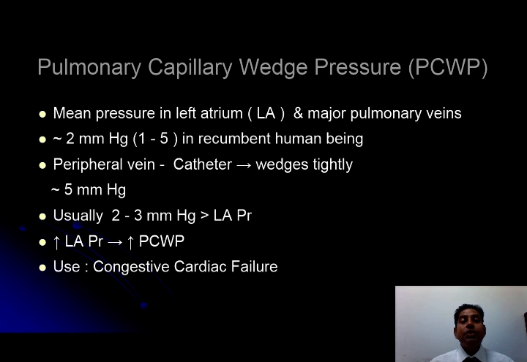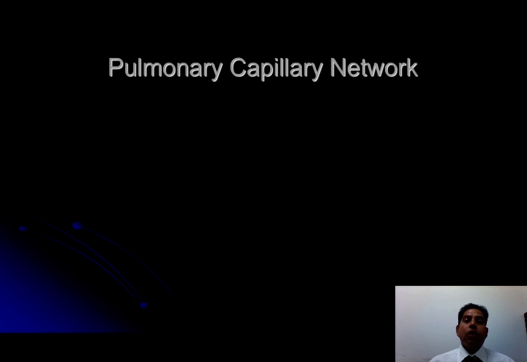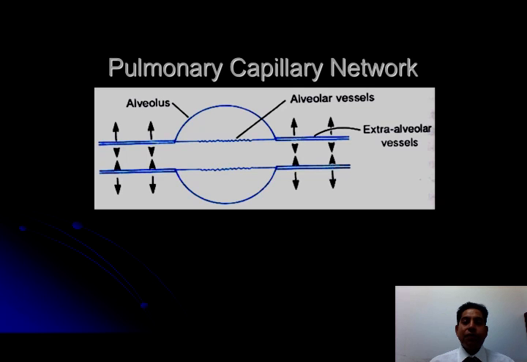So this becomes a useful tool in case of congestive cardiac failure, where we want to know whether the left atrial pressures are rising or not, and we want to know whether the patient is at risk of developing pulmonary edema.